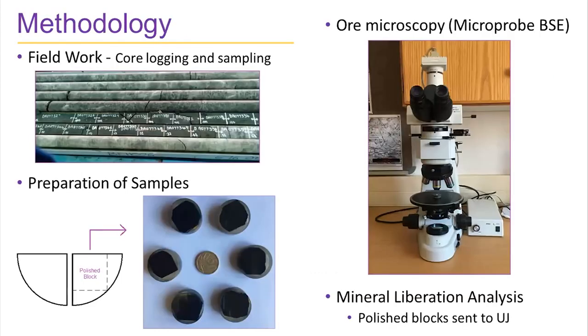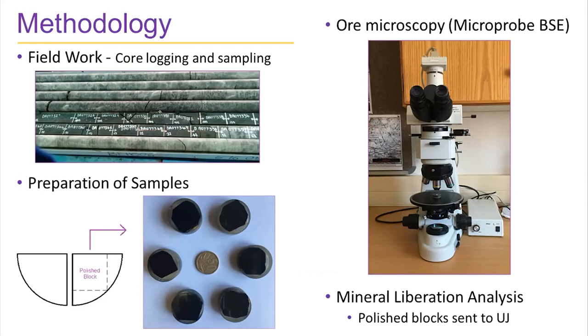So what we did was log core. The mine had already sampled the half core and the assay, and provided assay results to us. And then we sampled quarter core and prepared polished blocks. Most of our work was analysis of the polished blocks.